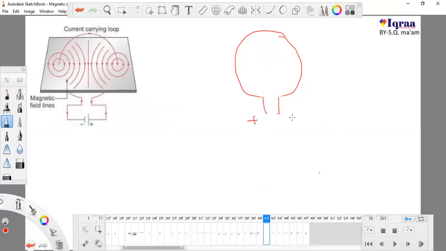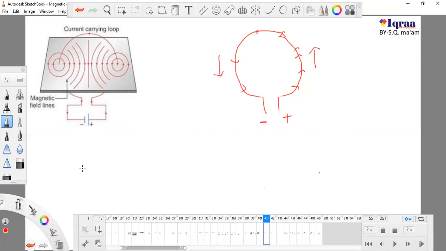This is my positive and this is my negative. So how will current flow? Current will flow like this. In this case, the direction of current is like this, and here the direction of current is like this.